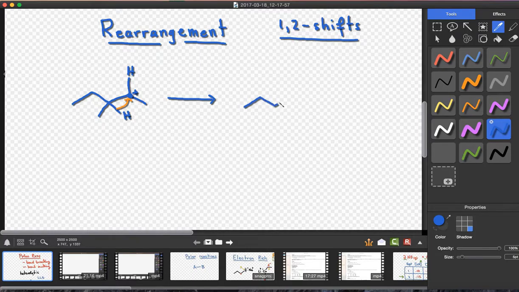So when I draw the backbone, carbon 2 now has 2 hydrogens attached. Carbon 3 has 0 hydrogens attached, but now it bears the positive charge. So this shifted from a secondary carbocation to a tertiary carbocation, which is lower in energy because it has more inductive stabilization.